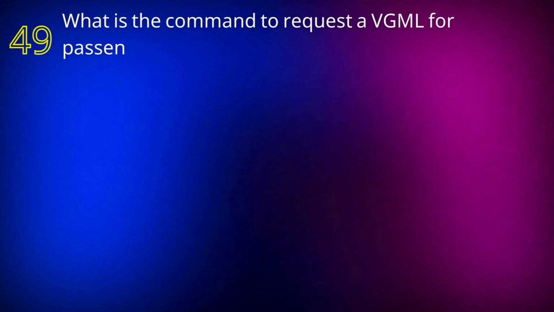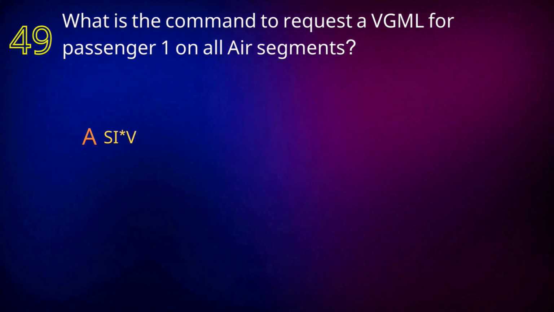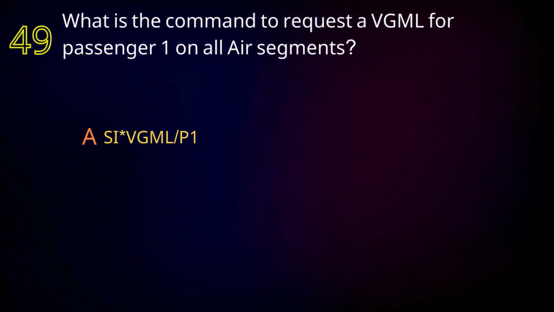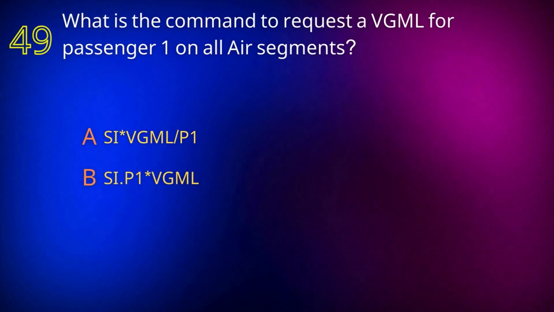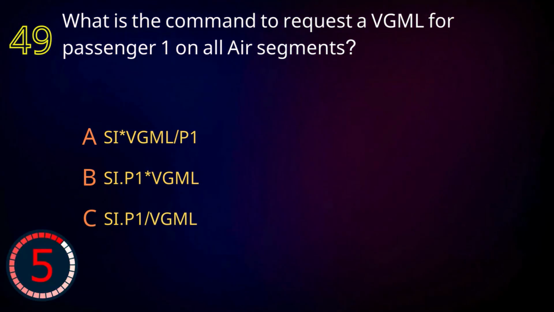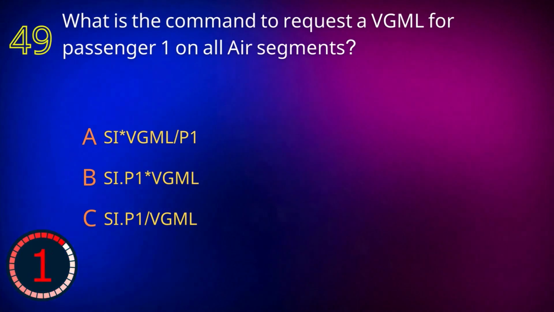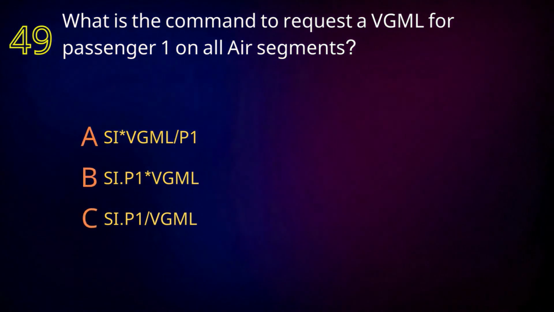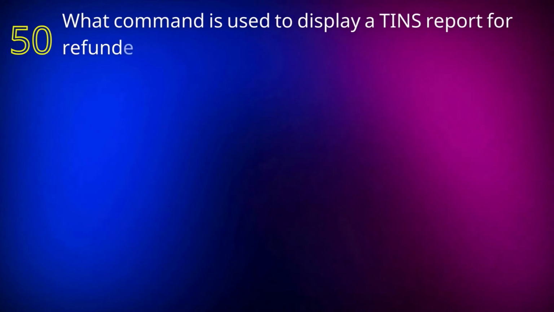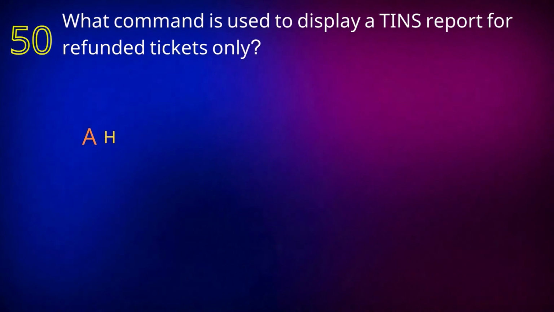What is the command to request a vegetarian meal VGML for passenger 1 on all air segments? What command is used to display TINS report for refunded tickets only?